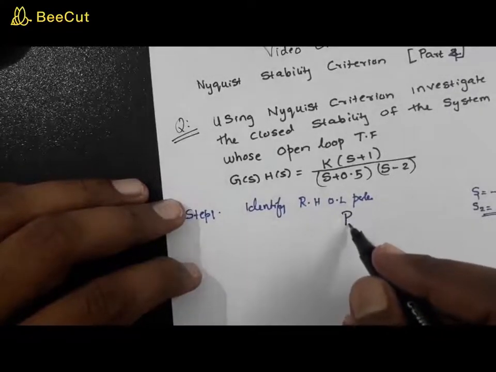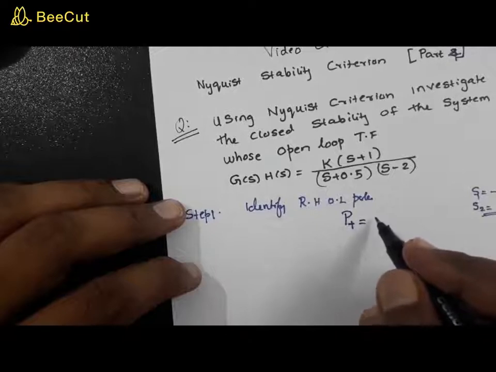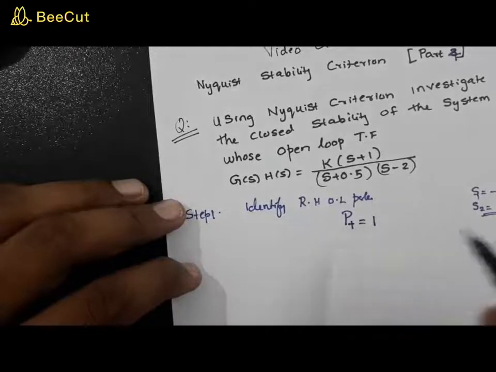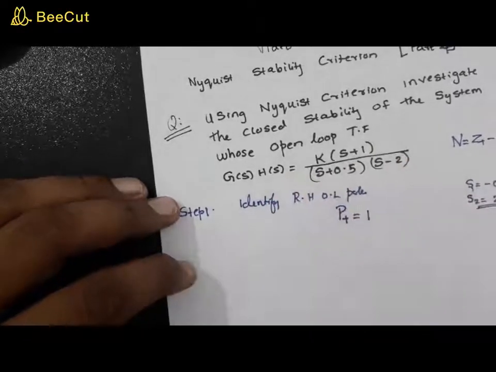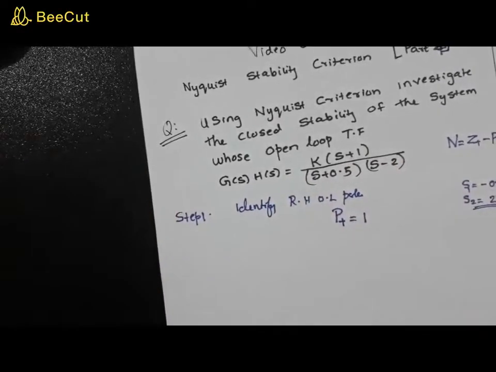So you got the answer: P plus is equal to 1. Do remember our Nyquist criterion equation is Z = N plus P plus. So we got the answer for P plus directly from the G(s)H(s).